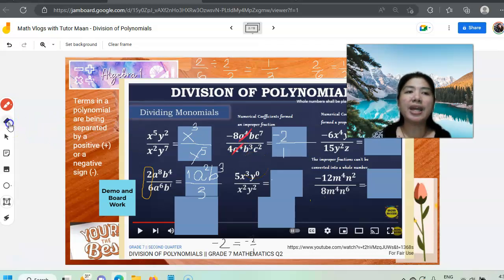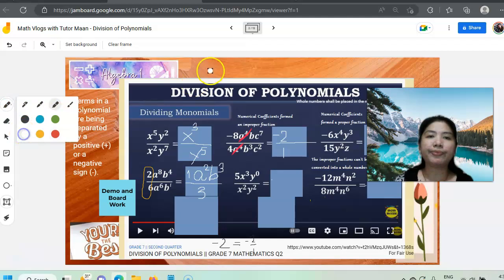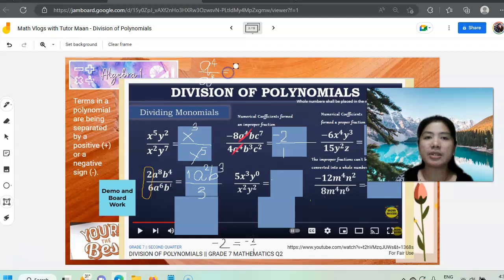Okay, so again, when we are dividing an expression wherein the expression or the variable in the numerator is equal to the variable in the denominator, the answer is 1. The same with numbers, right? If we divide 3 by 3 is equal to 1.